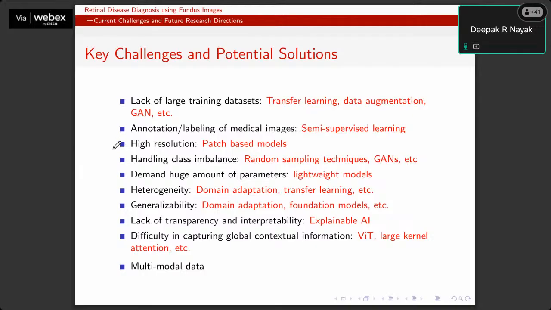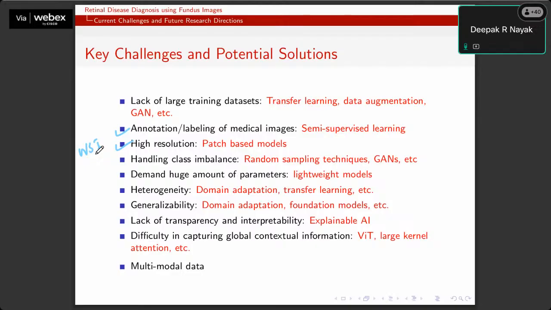High resolution images are another challenge, because most of the time medical images are high resolution in nature. If you consider WSI, whole slide images, or even fundus images, they have high resolutions, and working with them directly is sometimes very difficult.